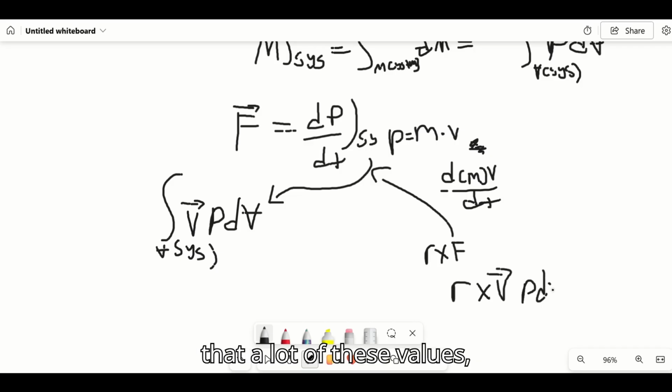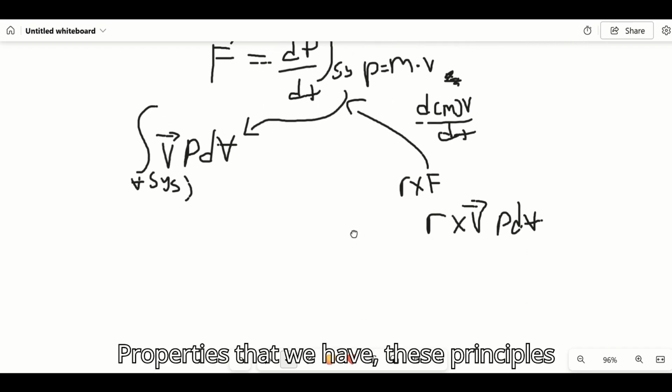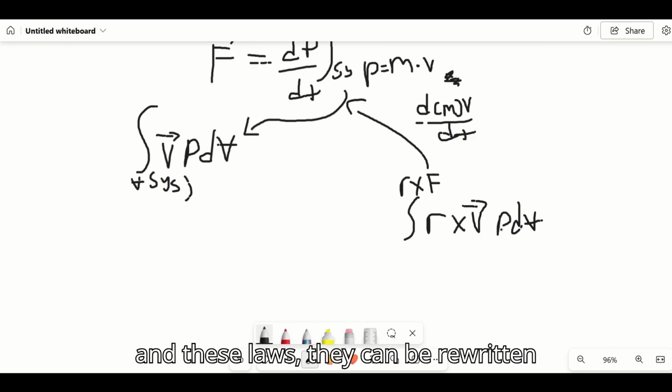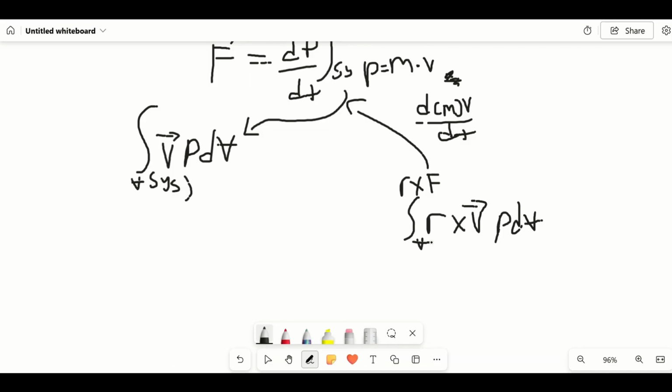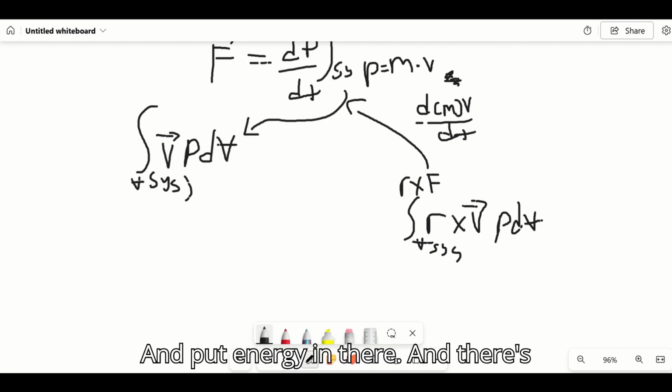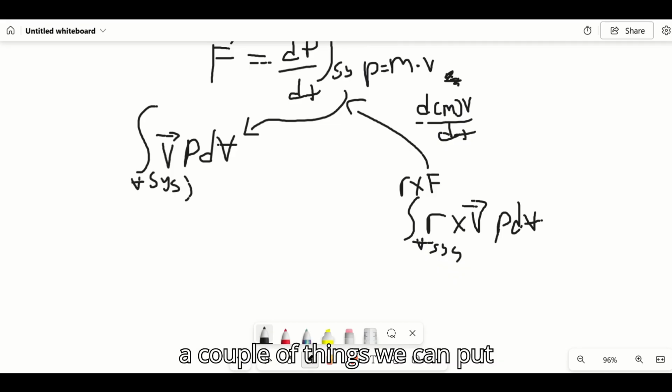So you can see that a lot of these properties, these principles and these laws, can be rewritten using this density and this volume for systems. Now that you know this, we can even take things like energy. We can put energy in there, and there's a couple of things we can put in there.